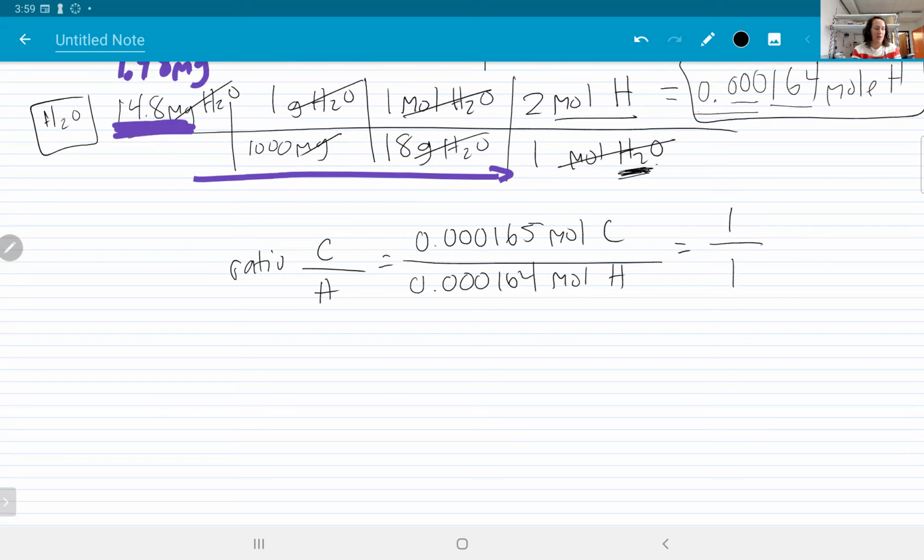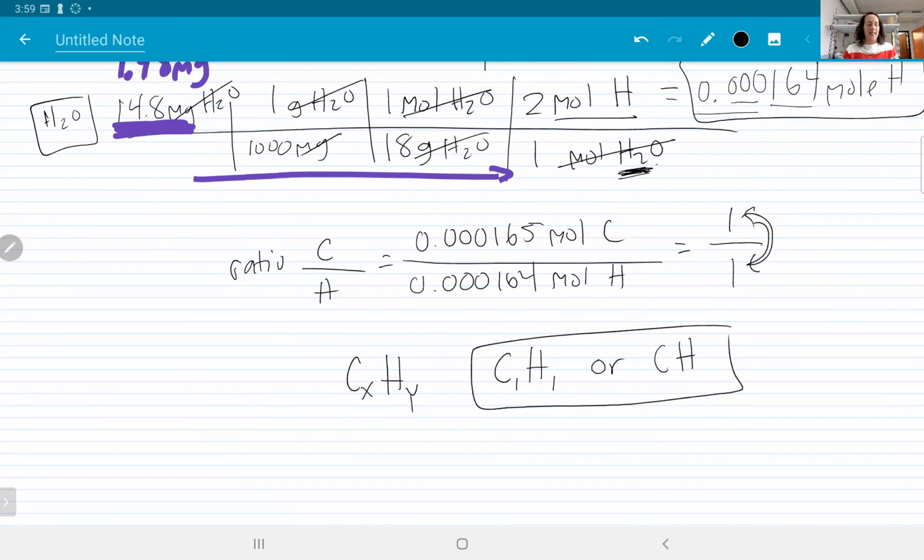So 0.000165 divided by 0.000164, and you get 1.006. And so it's a 1-to-1 ratio. So the empirical formula, remember we said it's C to the X, H to the Y, it's going to be 1-to-1. So our empirical formula is C1H1 or CH.